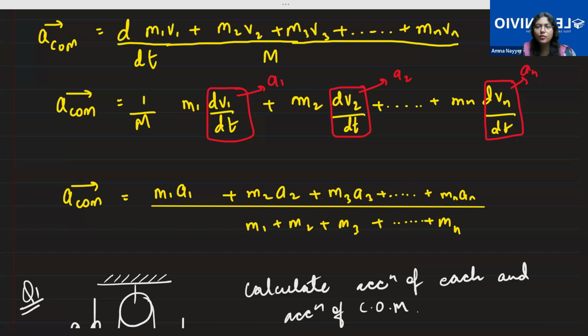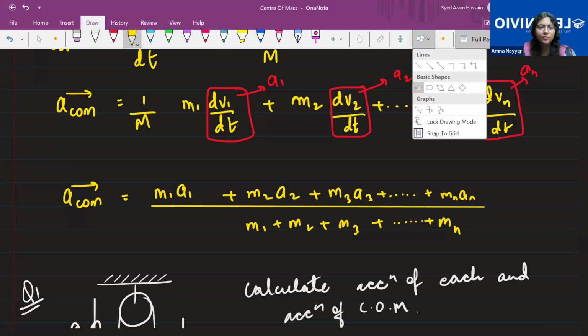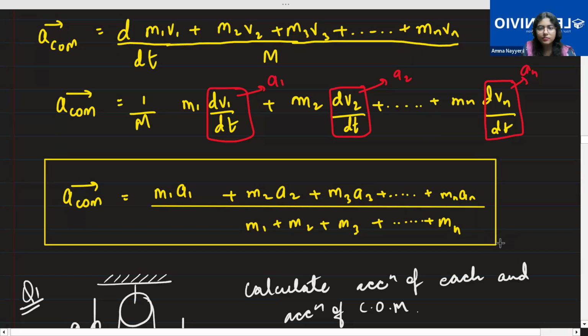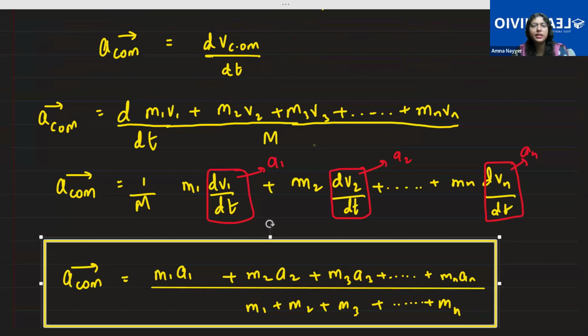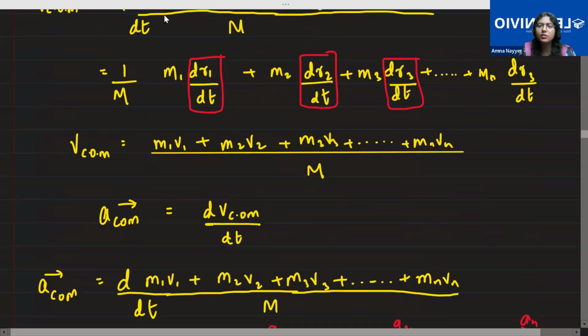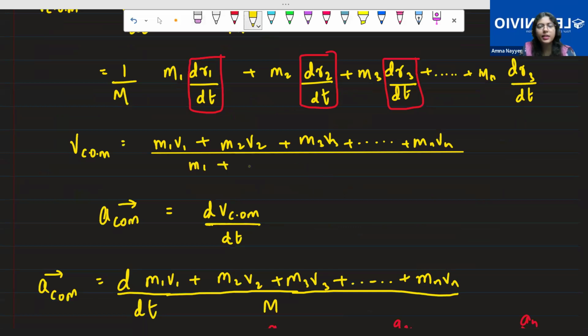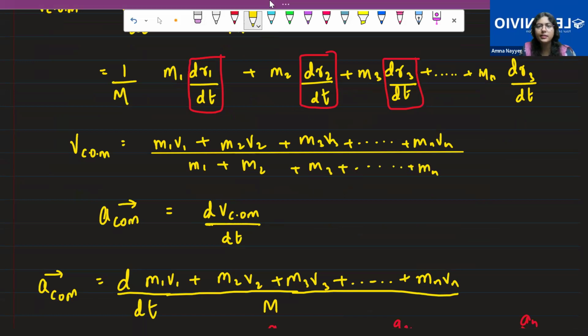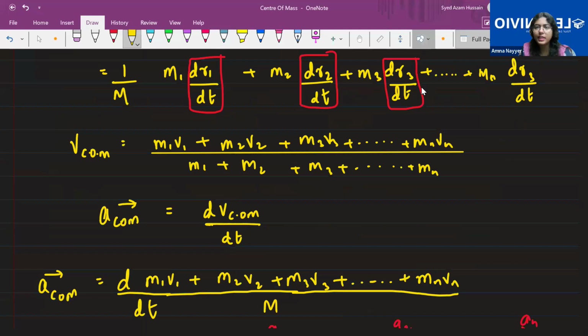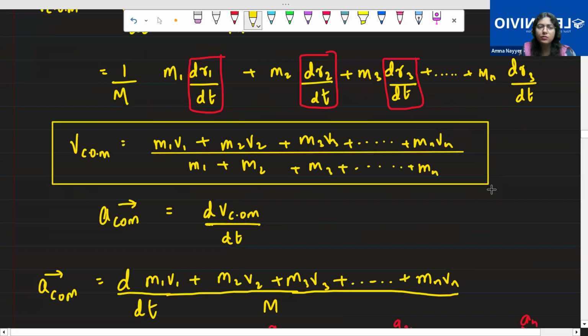Okay, so this is the formula for the acceleration of the center of mass. Now for velocity also, the same with m1 plus m2 plus m3 up till m_n in the denominator. This is the formula for velocity, and position you already know.